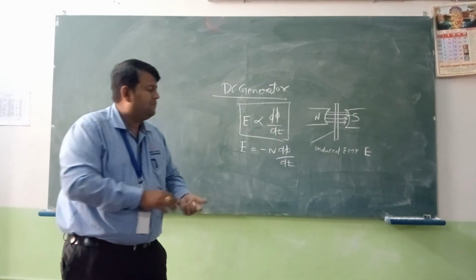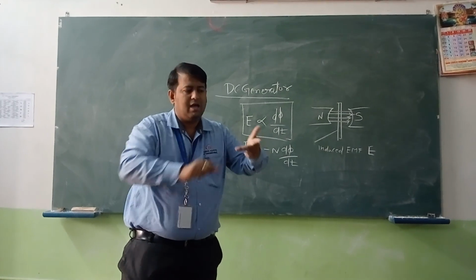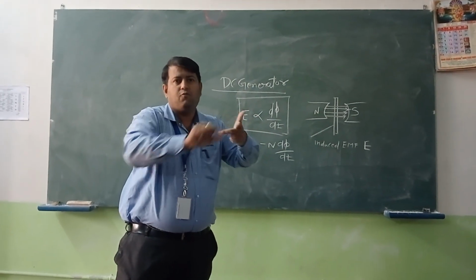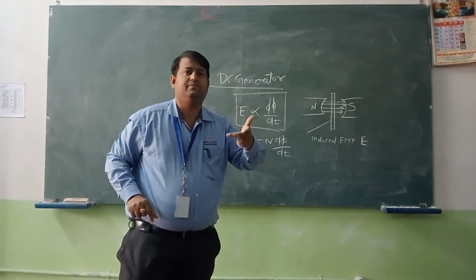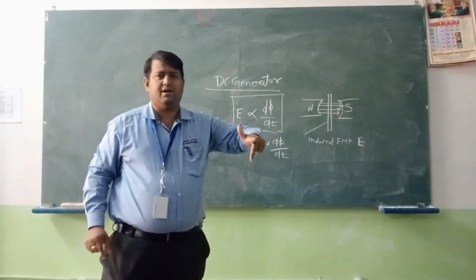So what is Fleming's left hand rule? The thumb shows the direction of force, the forefinger shows the direction of the magnetic field, and the middle finger shows the direction of current.